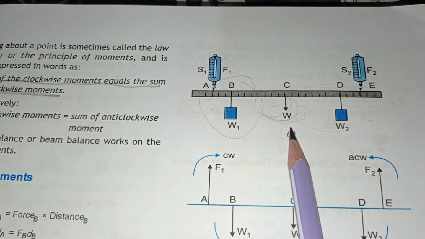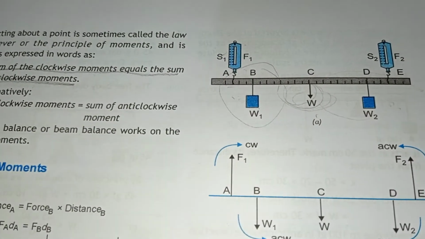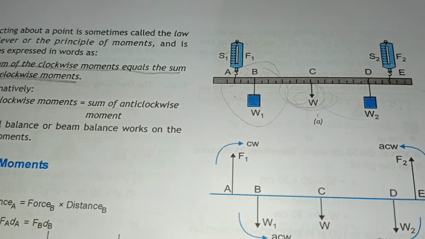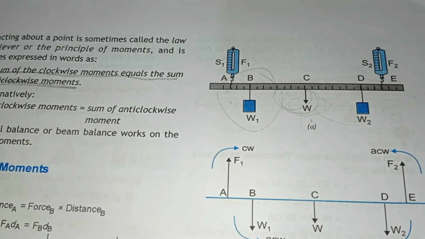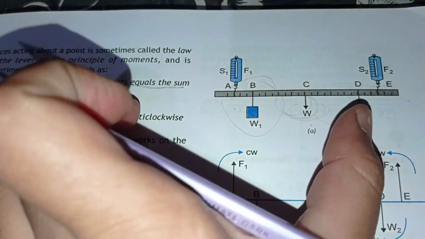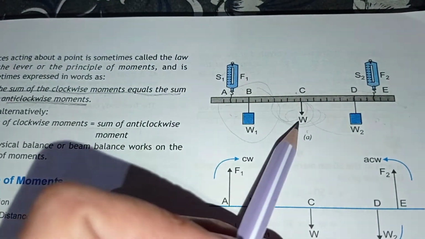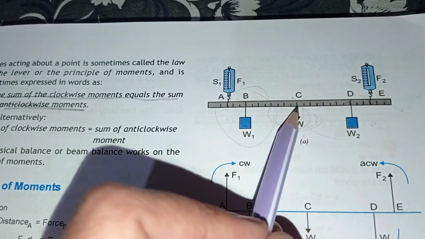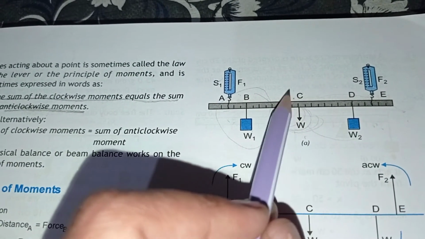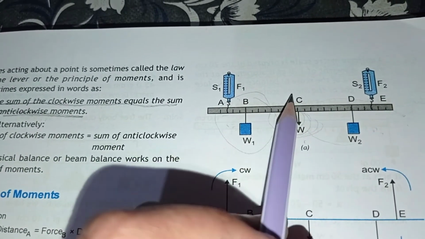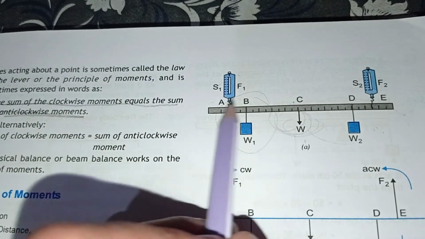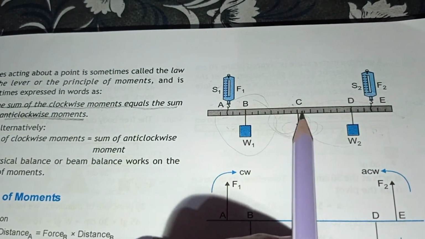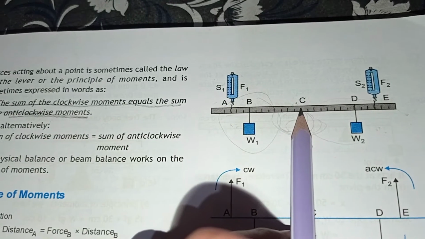The weight of the meter scale is represented by W, and C is the center of gravity, the point at which all the mass of the meter scale is considered to be concentrated.